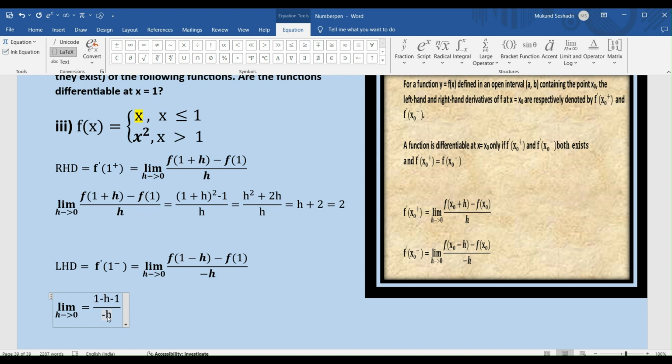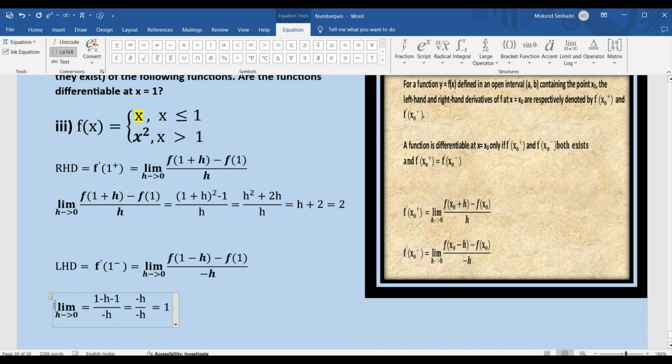So I have 1 minus h minus 1 in the numerator, and I have a minus h in the denominator. That leaves me with minus h by minus h, right? Which is nothing but 1, right? So we have our LHD as well, which is equal to 1.